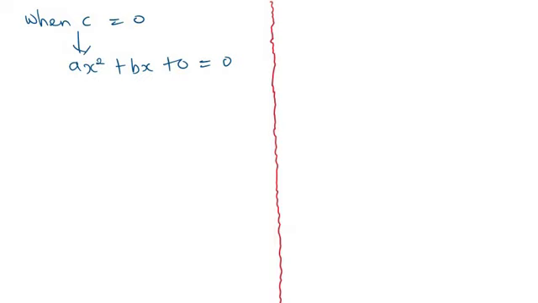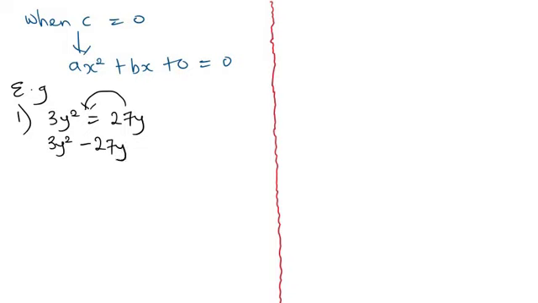So now let's have our example. We're having 3y squared equal to 27y. From our first example, 27y crosses the equation sign. So it becomes 3y squared minus 27y equal to 0.